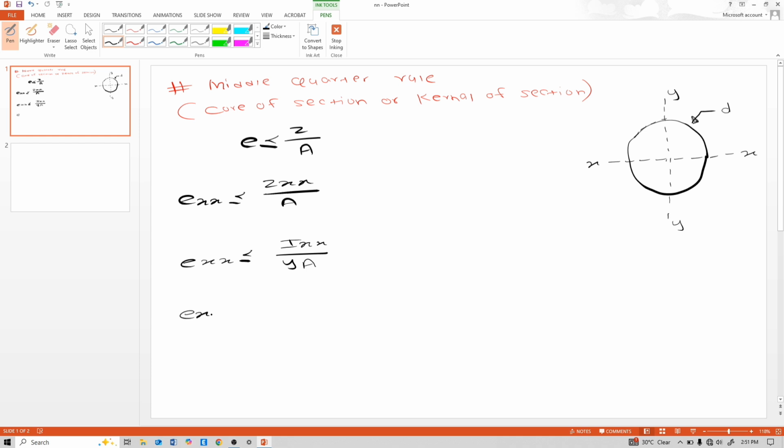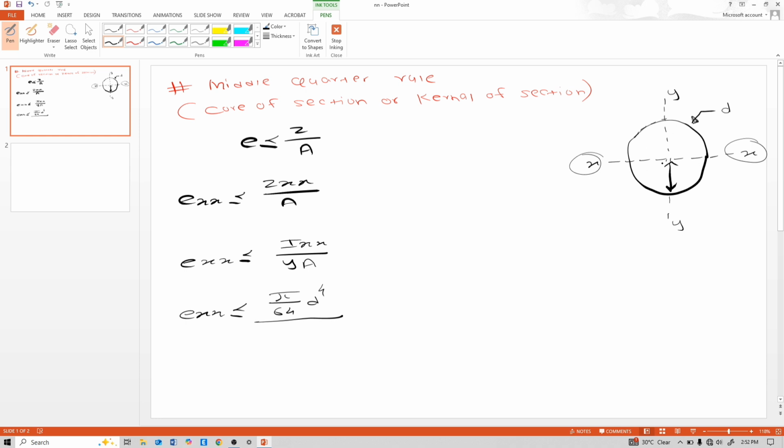The moment of inertia of this circle, what is the moment of inertia of a circle? Pi by 64 d raised to 4. And y, we have considered moment of inertia for that xx section, so consider y from that xx axis, like that.